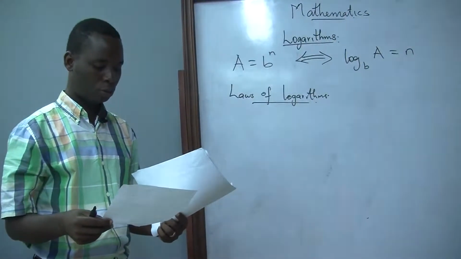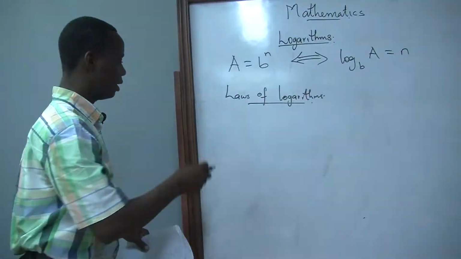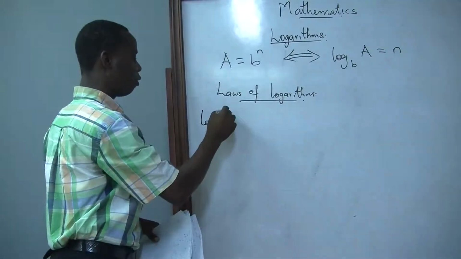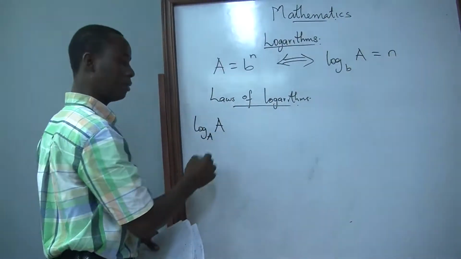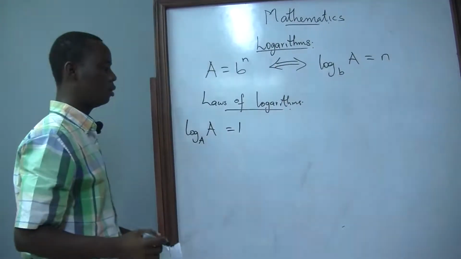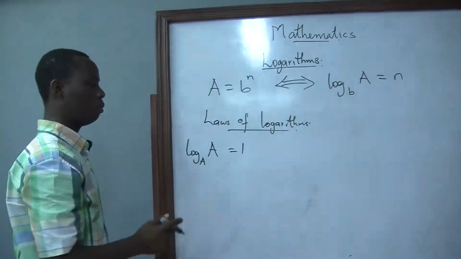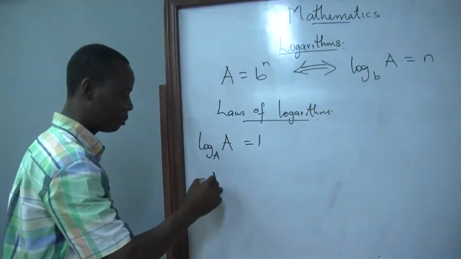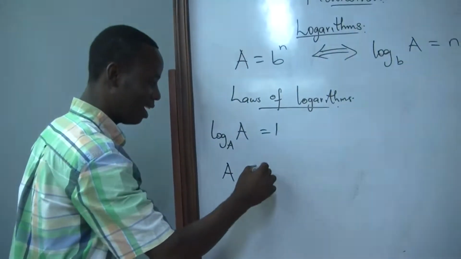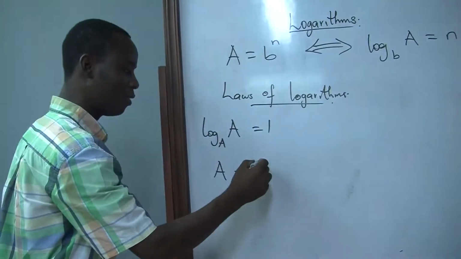Permit me to quickly go to law number 4, which says log of A in base capital A equals 1. Remember, I want to express this in this form. I will have my capital A equals A, which is now the base here, raised to the power of 1.